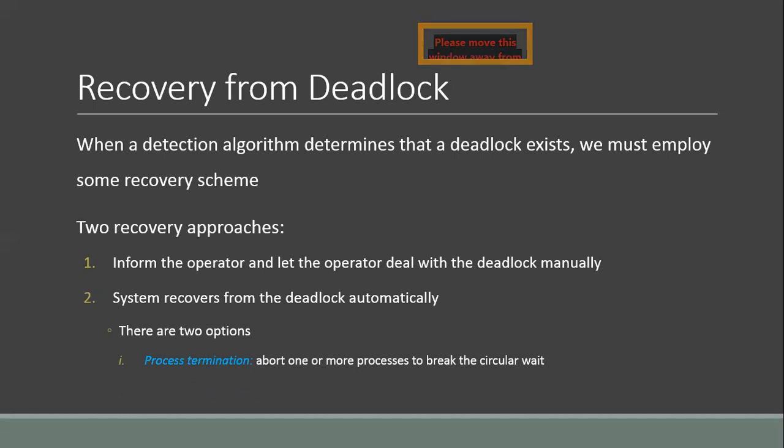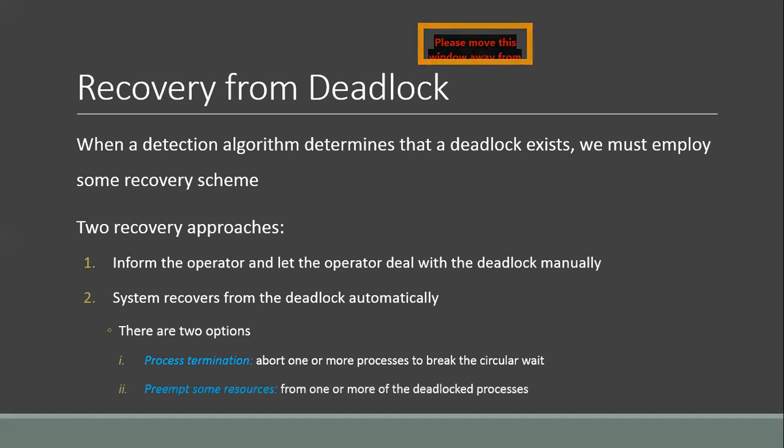This is one of the necessary conditions that must exist if there are deadlocks. So process termination will involve aborting one or more processes to break the circular wait condition. And once this condition has been invalidated, the deadlock situation will be removed from the system.